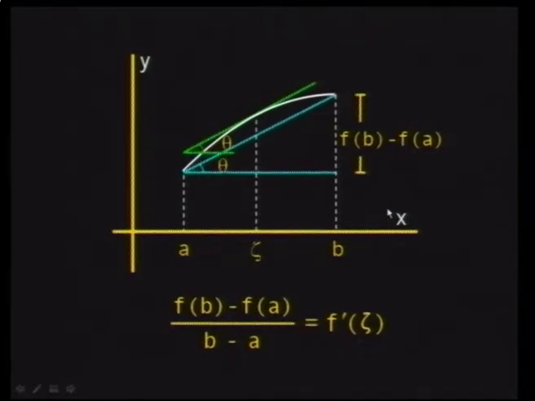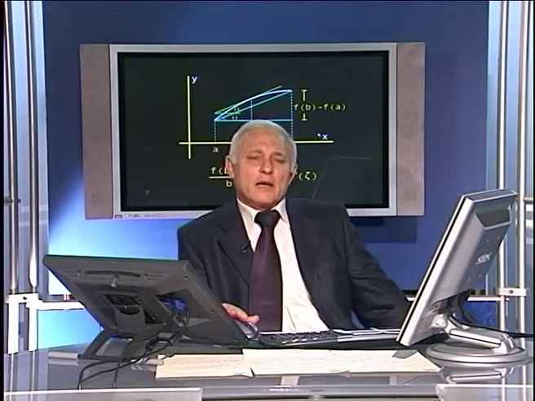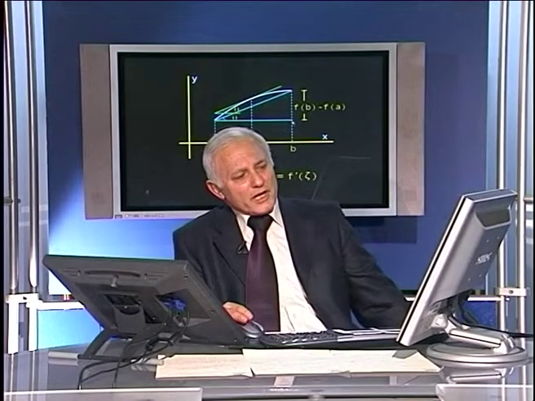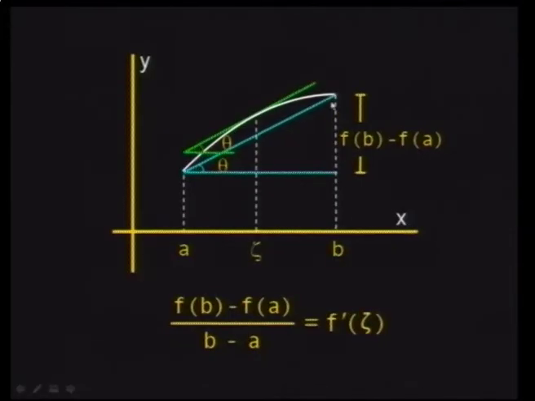They are 200 kilometers apart. Say you start your journey from Rome to Naples at 10 o'clock, and you arrive there at 12 o'clock, at noon. So the difference between the two is 200 kilometers. You divide by 2 hours and you get 100 kilometers per hour. In other words, your mean speed is 100 kilometers per hour, which is the distance between the two cities divided by the time of the journey.